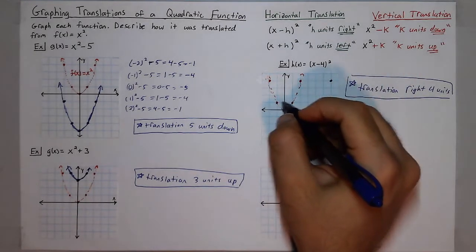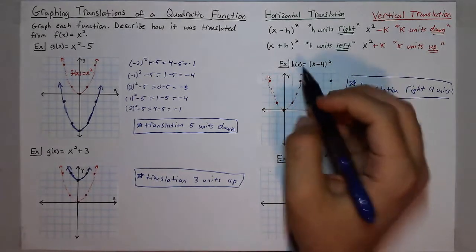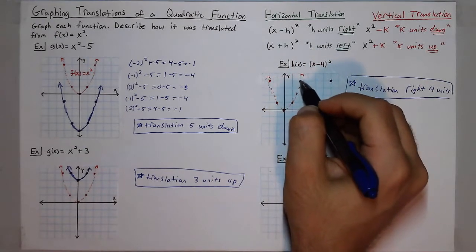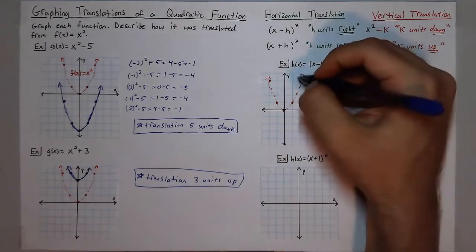Negative 1, 1 goes 1, 2, 3, 4 to 3, 1. And last we have negative 2, 4 goes 1, 2, 3, 4, and it lands on a point it used to have. But now you can see our parabola has shifted to the right 4 units.